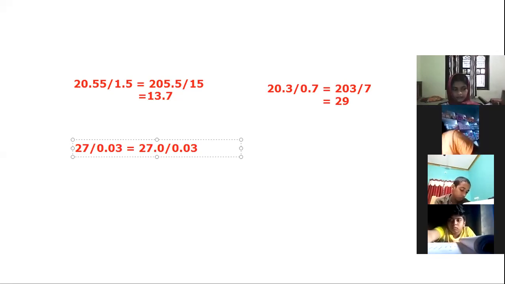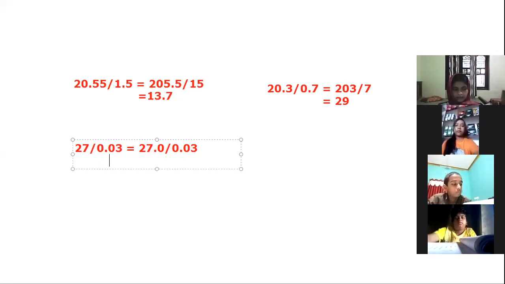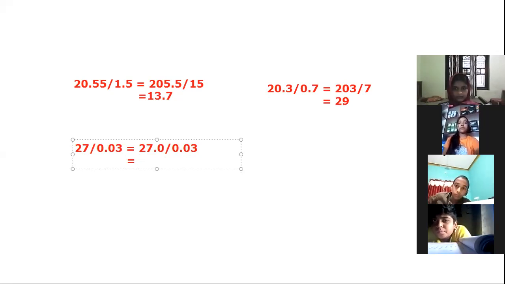First of all, we have to change the decimal point position. We have to change our denominator into a whole number. What is our denominator here? 0.03. How will you get 0.03 as a whole number? The whole number should be 3.